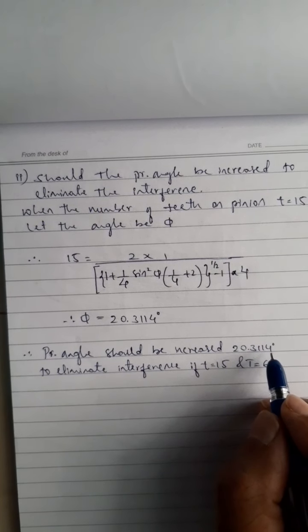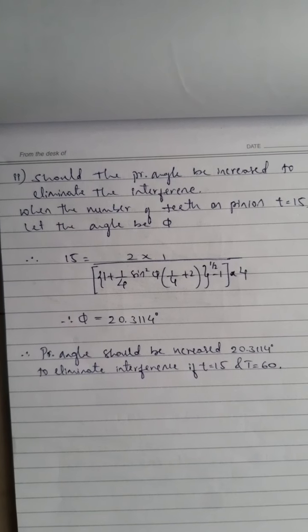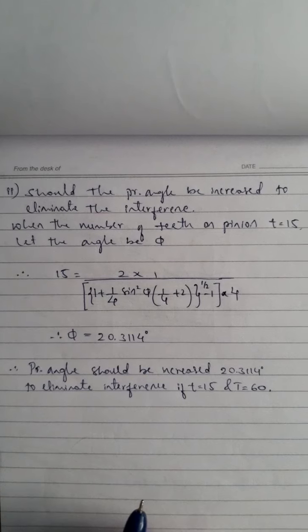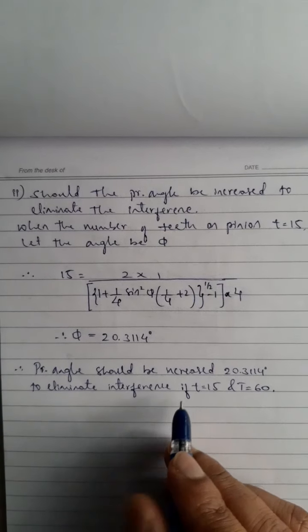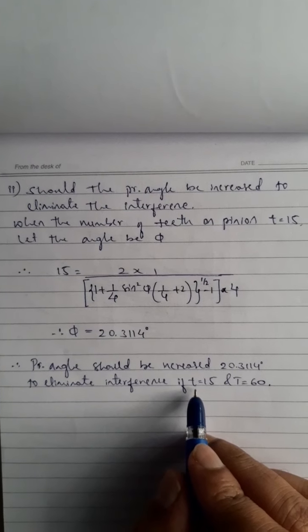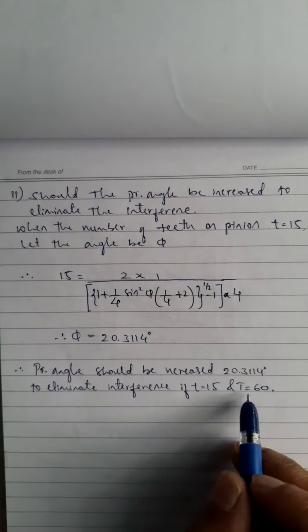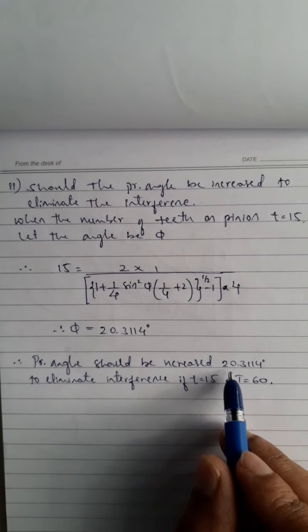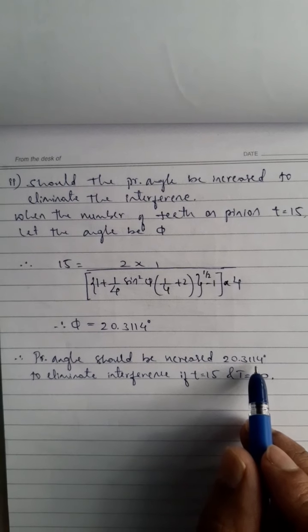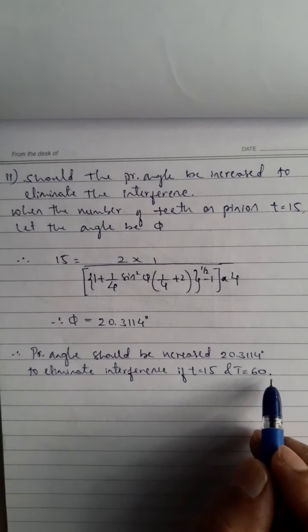So from 14.5 degree we have to increase it to 20.3114 degree. So to eliminate the interference when the number of teeth on pinion is 15 and gear is 60, we have to increase the pressure angle from 14.5 degree to 20.3114 degree. So this is the solution for the given problem.